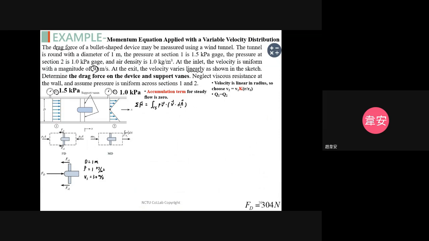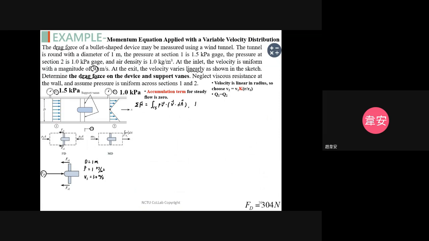Okay, so for these problems, our target is the drag force, and this is the drag force. And for resistance, we have the force from the support fans Fs in here. And we have the pressures on the left-hand side and right-hand side. So we make the force balance along the x direction. So actually for the sigma F, what do we have?